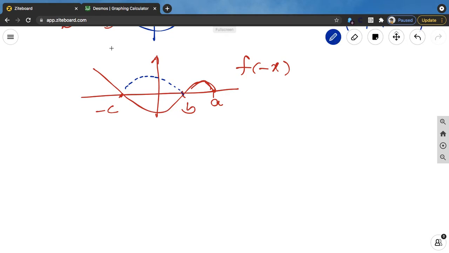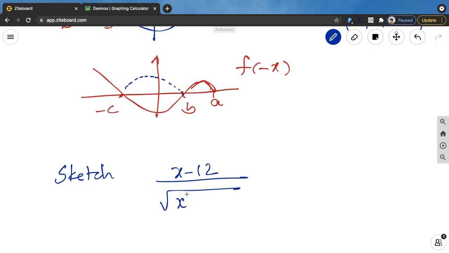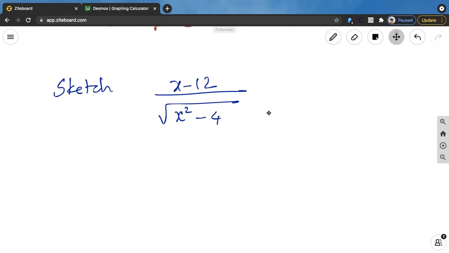Okay. Next example is sketch (x minus 12) upon square root of x square minus 4. So what are the important points here? First of all, I have to understand that in the denominator there is x square minus 4 and it cannot become negative, right? Because there is a square root sign and square root cannot have a negative.